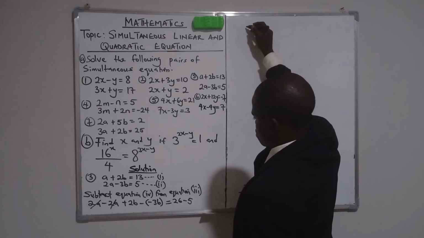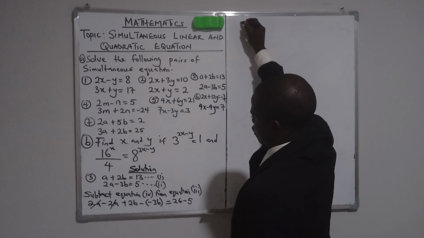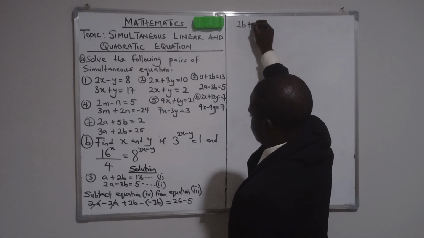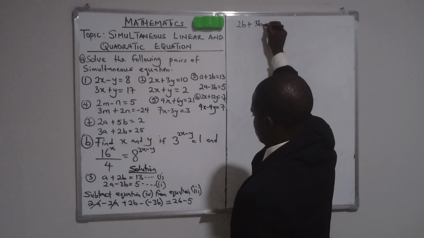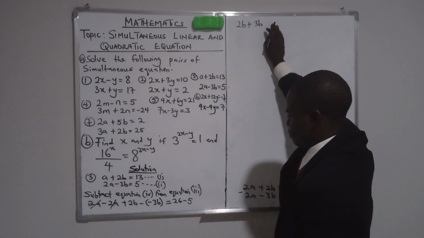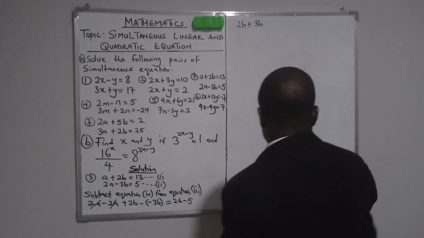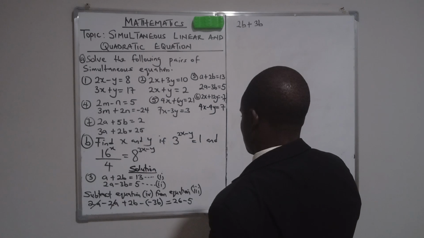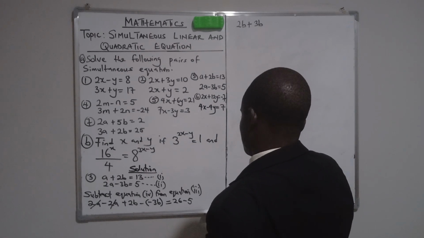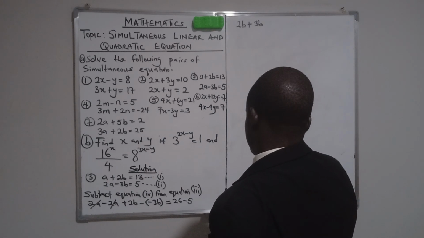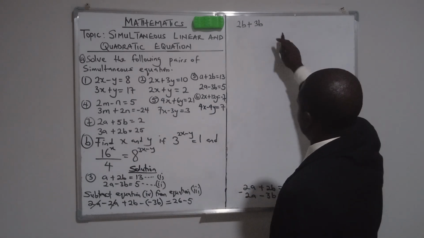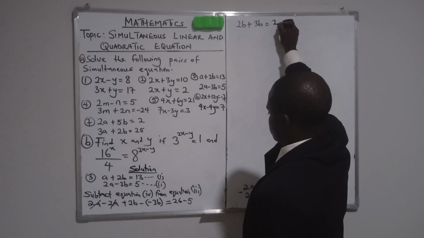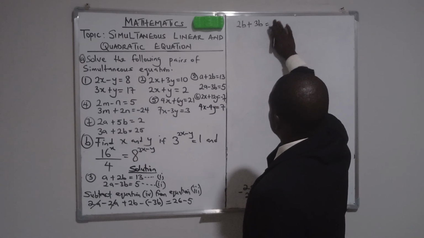You're having 2b plus 3b equals 26 minus 5, that's 21.